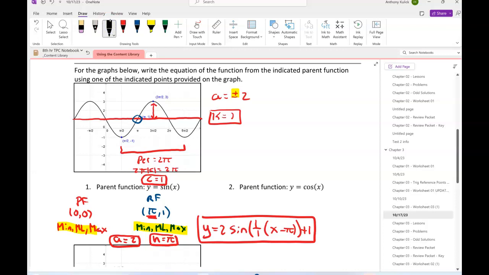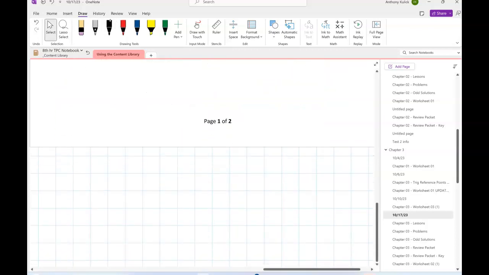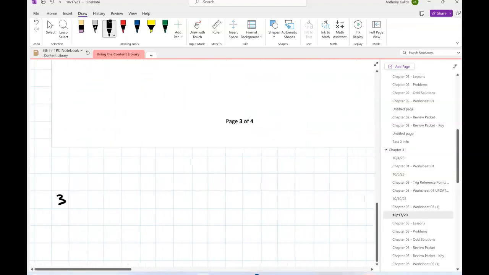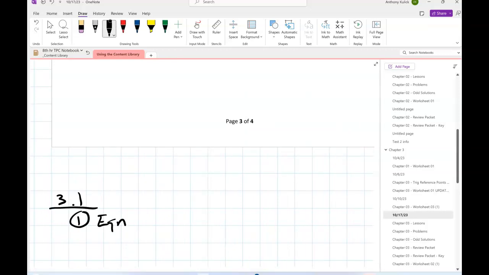My plan today, so we're going to finish up section 3.1. We've been on this for 3 lessons now, right? So what have we done so far in 3.1? We've taken an equation and used that to generate a graph, right?